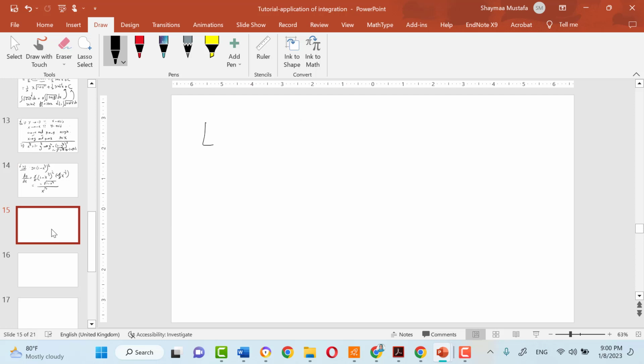So L is equal to the integral of the square root of 1 plus (dy over dx) squared dx. (dy over dx) squared is (1 minus x to the power 2/3) over x to the power 2/3.